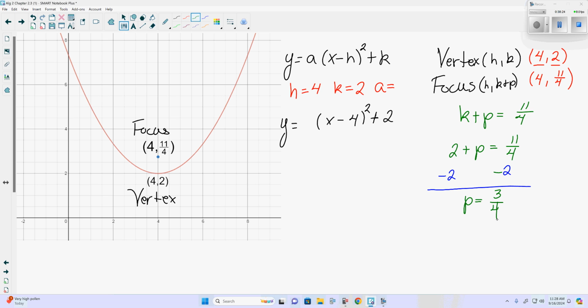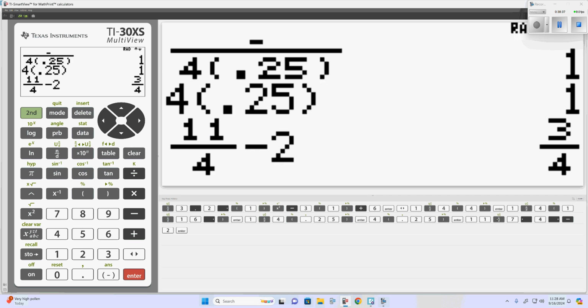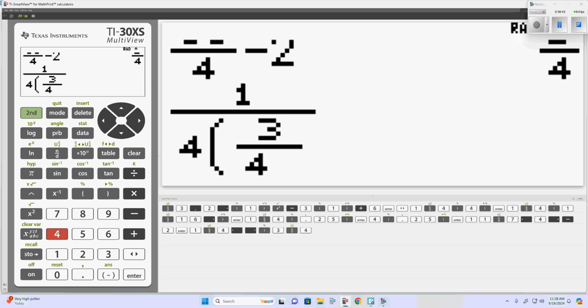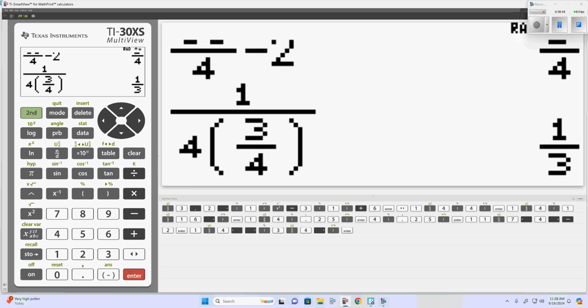Pretty good finding p. But what do we need to plug in? We need to plug in a, yes? What's a? 1 over 4p. Again, we're still right here, yes? 1 over 4 times 3/4, we get 1/3.